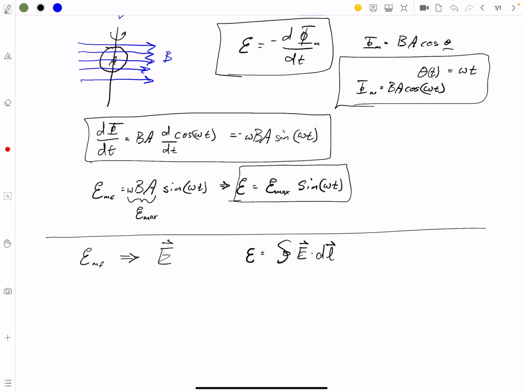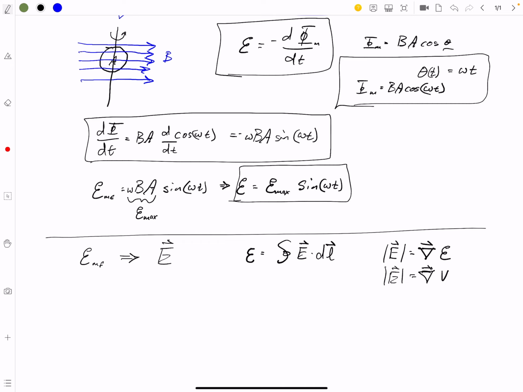That comes from the fact that the magnitude of our E field is equal to del of our voltage, but I'm going to put EMF. The way we've always seen it is del V, our voltage gives us our E field.